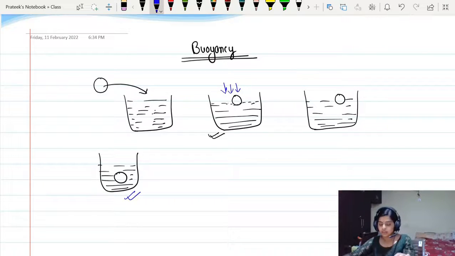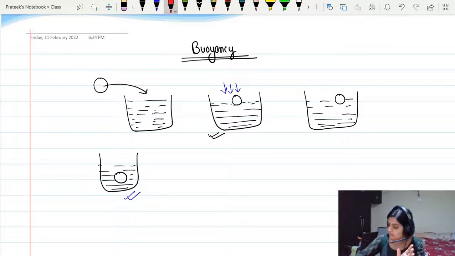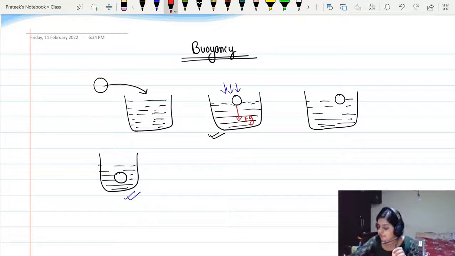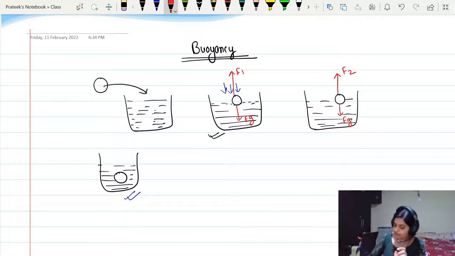The ball floats. The gravity is pulling the ball by the gravitational force, which is denoted by Fg, and the upward force is denoted by F1. In the other cases also, the gravitational force is denoted by Fg and the upward force is denoted by F2.